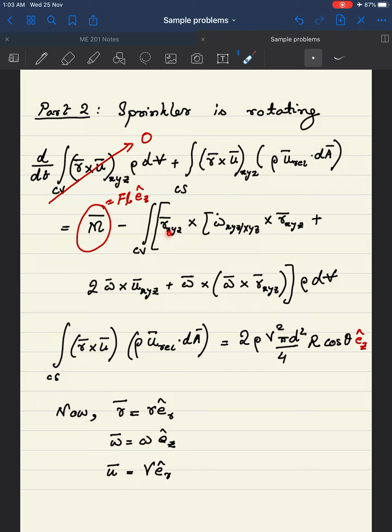Now, sometimes it becomes confusing as to which R and which omega, etc., but here I am just making it clear what these terms mean.